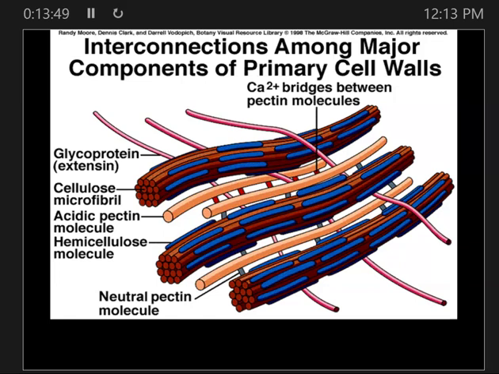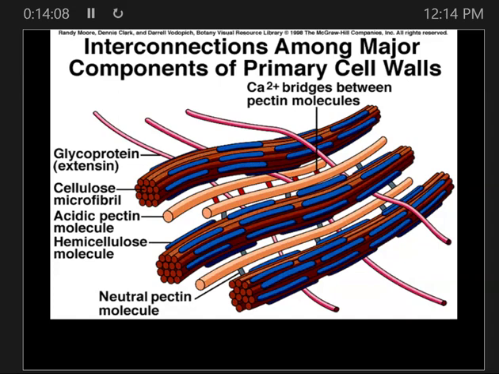So that's kind of what this image reminds me of, where you have the cellulose and hemicellulose as kind of like the rebar structures, steel rebar, and then the pectin and some of the proteins, that's kind of like the cement that's being poured across it all.